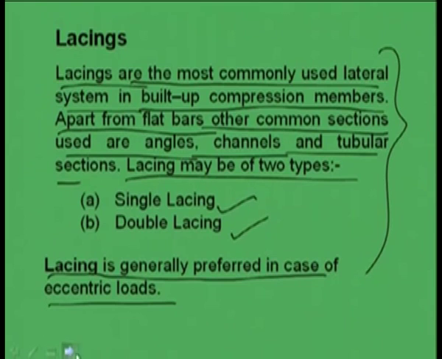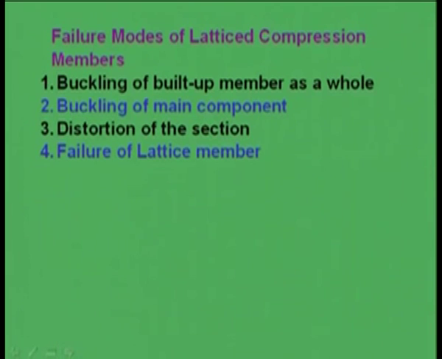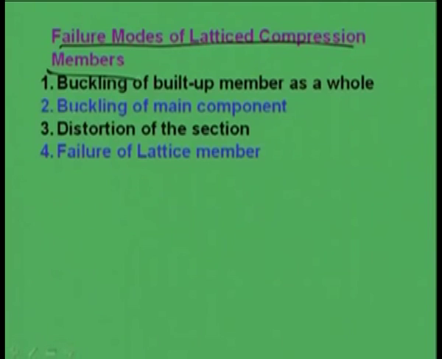Now, we will discuss the failure modes of a laced compression member, how it fails, because if we know the failure modes, accordingly we can strengthen the system so that the failure does not occur. So, first we will discuss what types of failure come, and accordingly we can take the preventive measures, right. Failure means, one is buckling of the built up member as a whole.